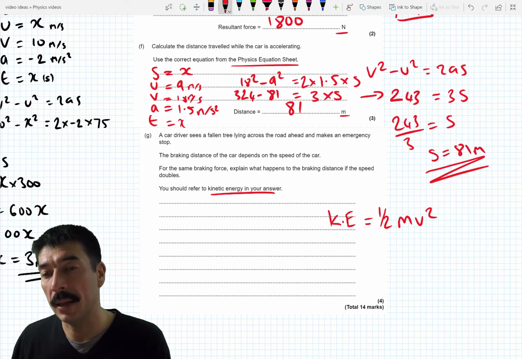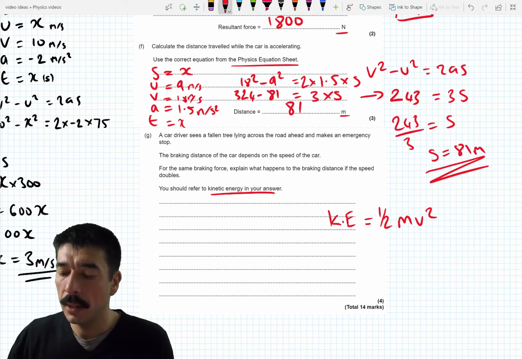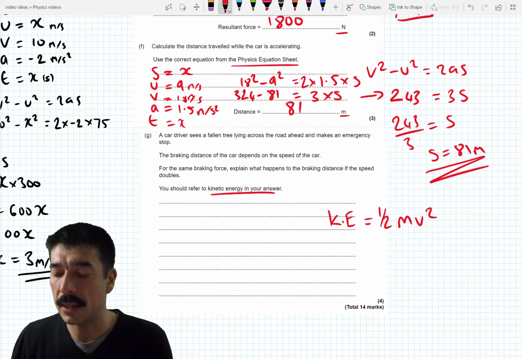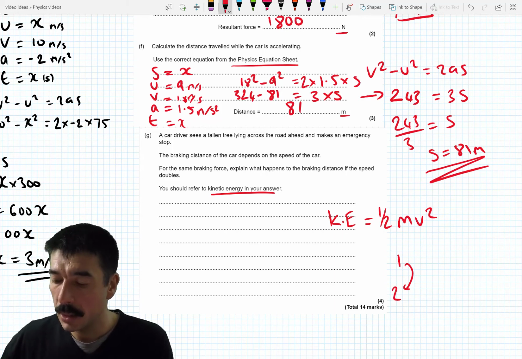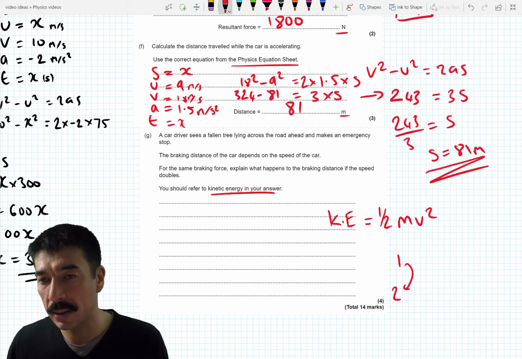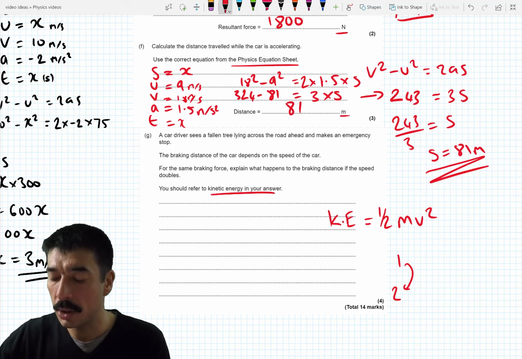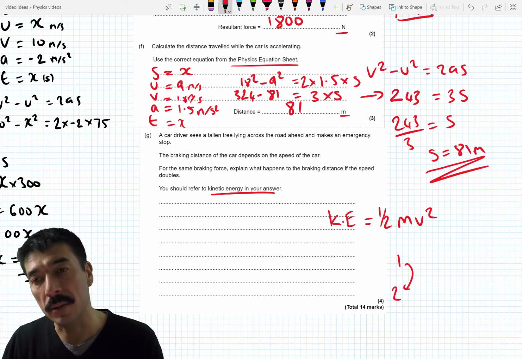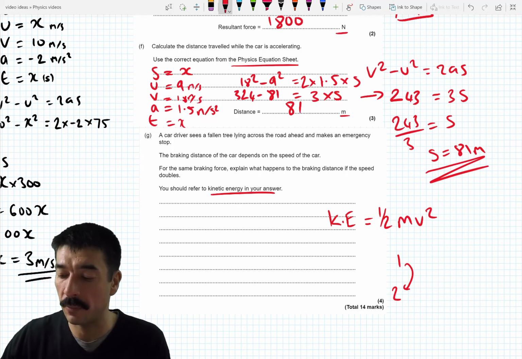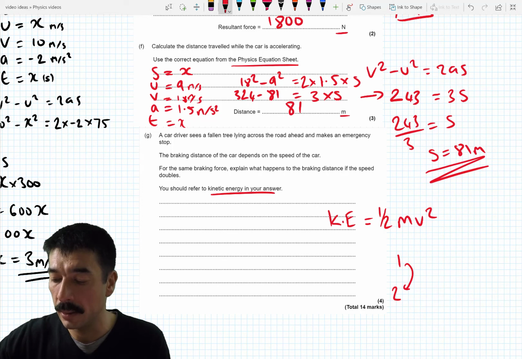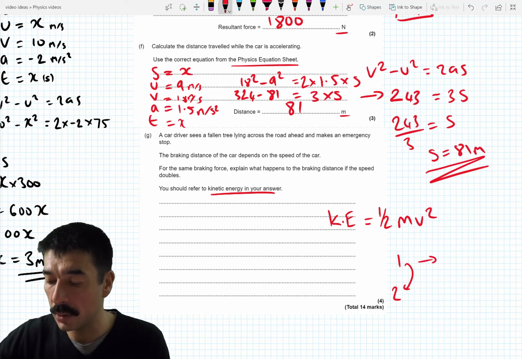I'll show the mark scheme at the end, but if your velocity, let's just say, was 1 and you doubled it to 2, since the velocity in this term is squared, doubling the velocity does not double the kinetic energy. In fact, it will quadruple it.